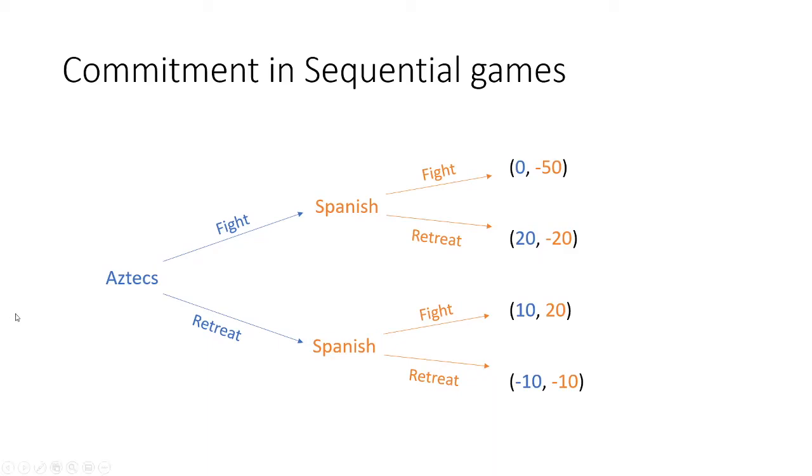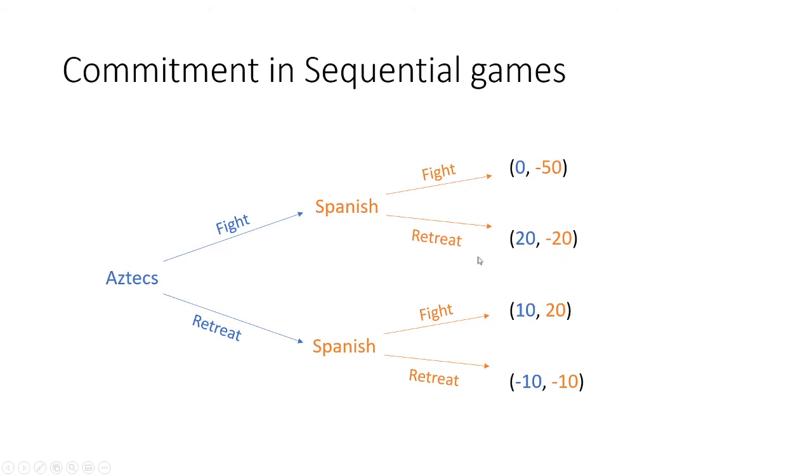Okay. So here, if we have this payoff matrix, the Aztecs have to think about what the Spanish are going to do, what their optimal strategy is in each case. So if the Aztecs choose to fight, the Spanish would choose to retreat, because minus 20 is more than minus 50. And if the Aztecs choose to retreat, then the Spanish would choose to fight, because 20 is more than minus 10. So they would gain 20 for the land that they gain and not have to fight.